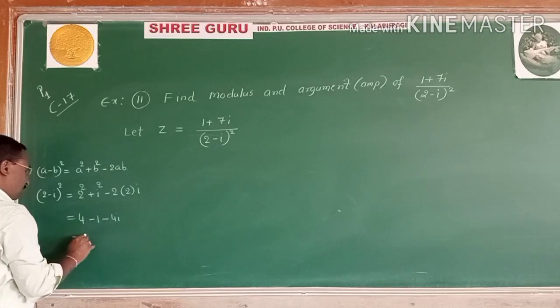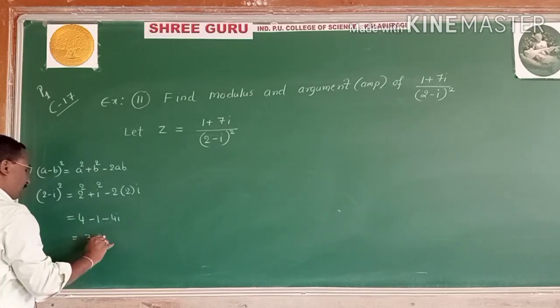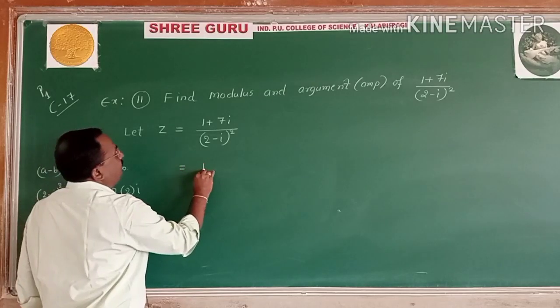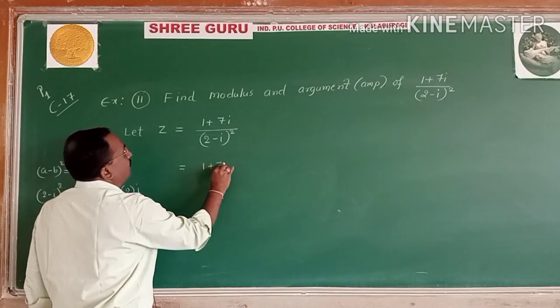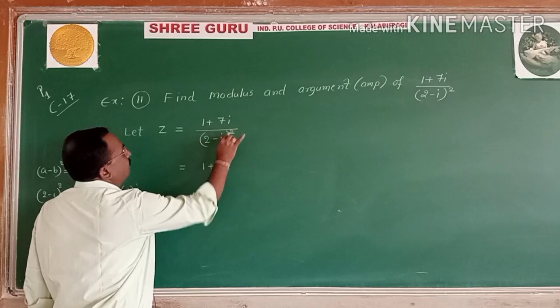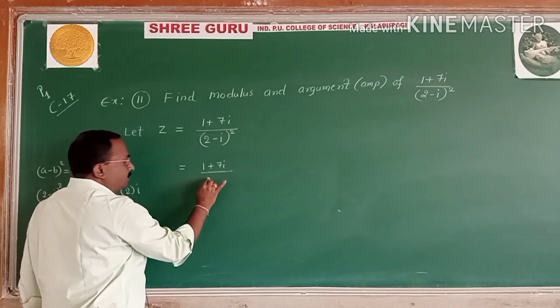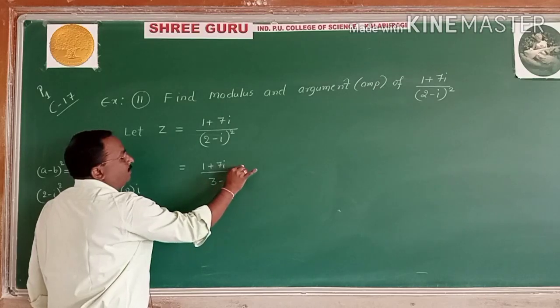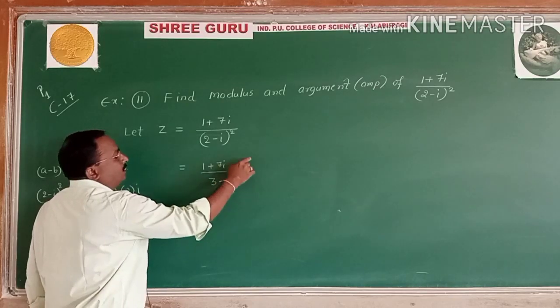That is 3 minus 4i. This is 1 plus 7i divided by 3 minus 4i. Division of complex numbers, definitely rationalize this one.